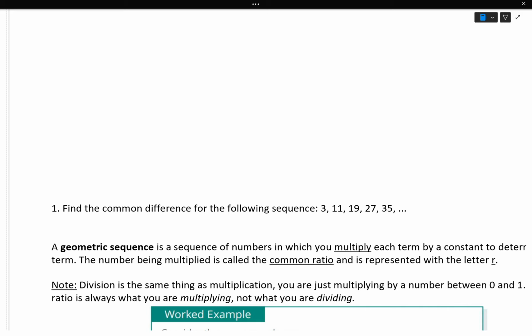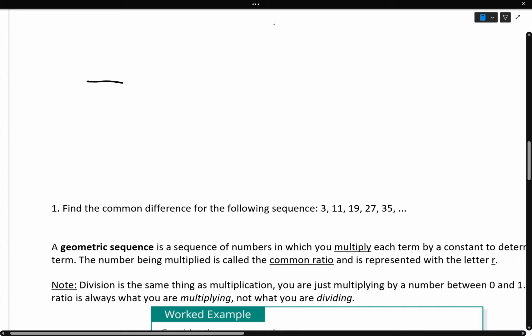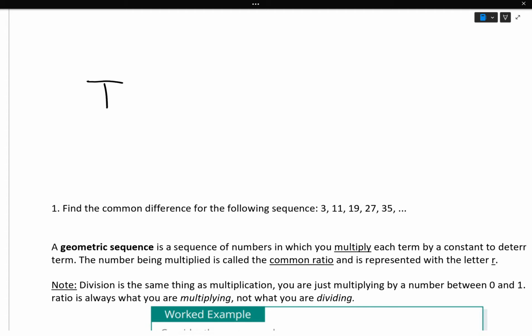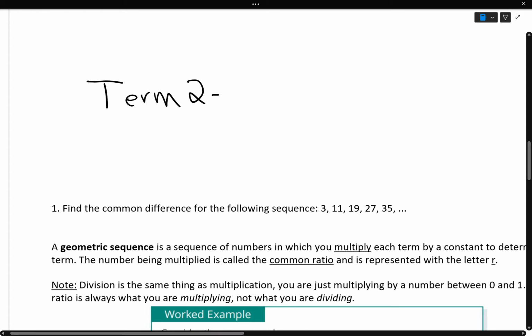What we're going to do is take term 2. Let's write it out in words first. Term 2 minus term 1. Well, term 2 is 11. Term 1 is 3.